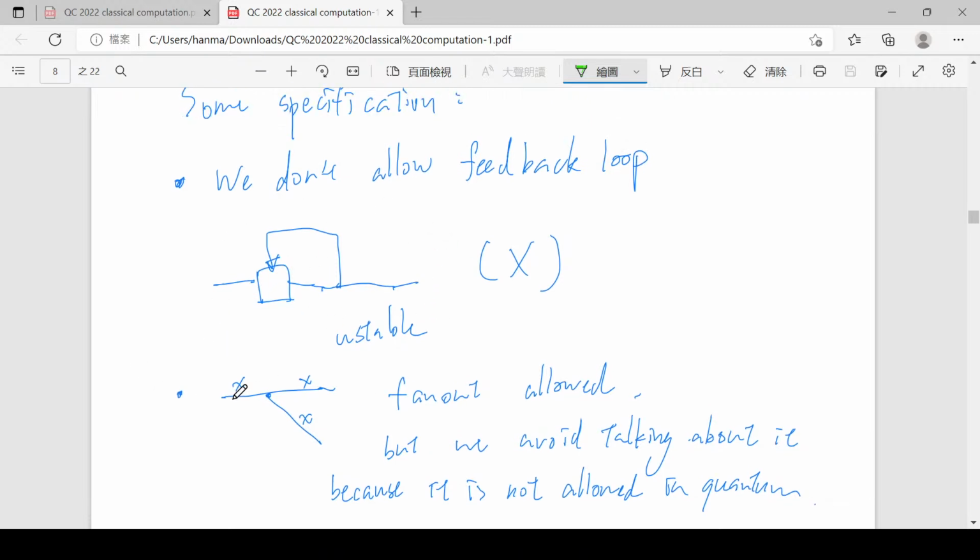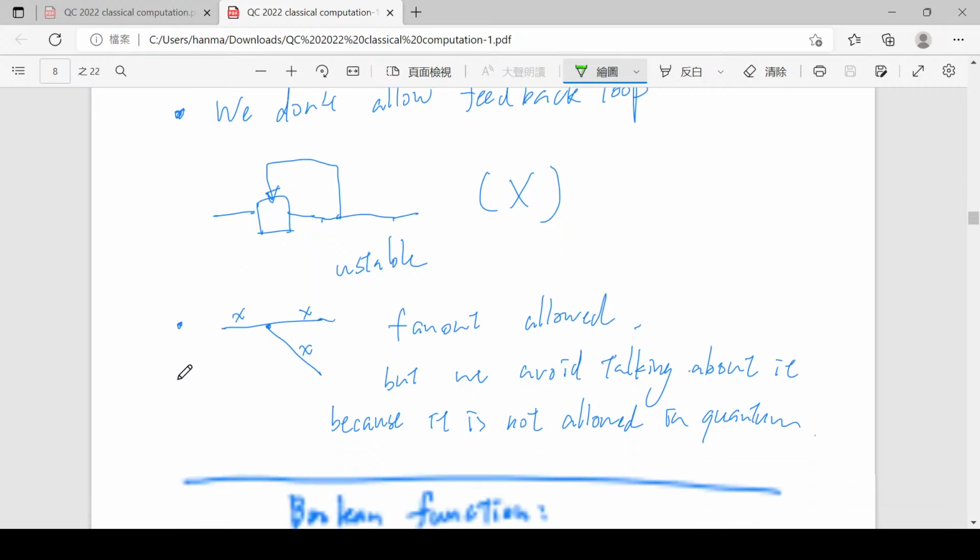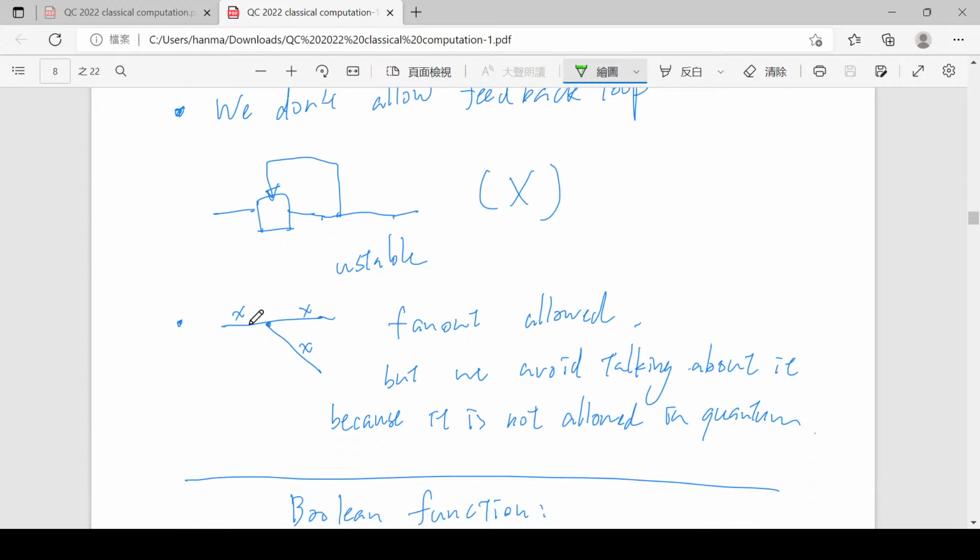And another thing that can be allowed is fan out. So we can think of this as some kind of gate that's copying information.